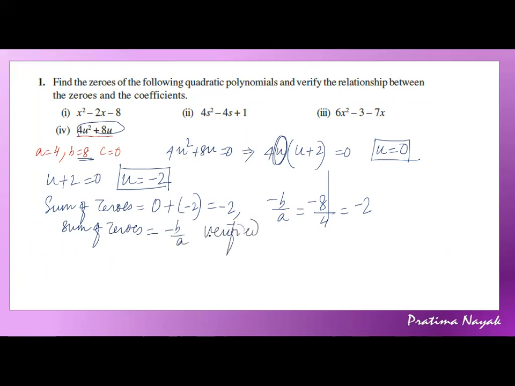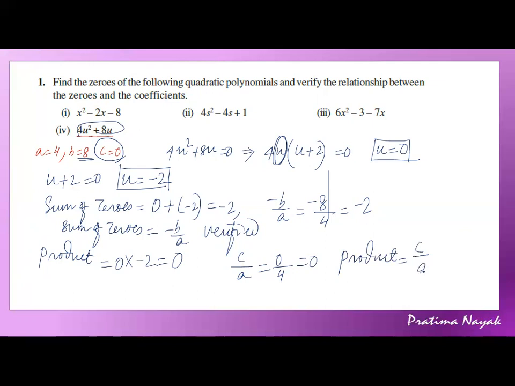Next come to product. Product is equal to, zeros are 0 and minus 2. Certainly product is also 0. Now go for c by a. What was c? c was certainly 0. 0 by anything is 0. So product is equal to c by a, verified. Product of roots, of course, product of zeros.